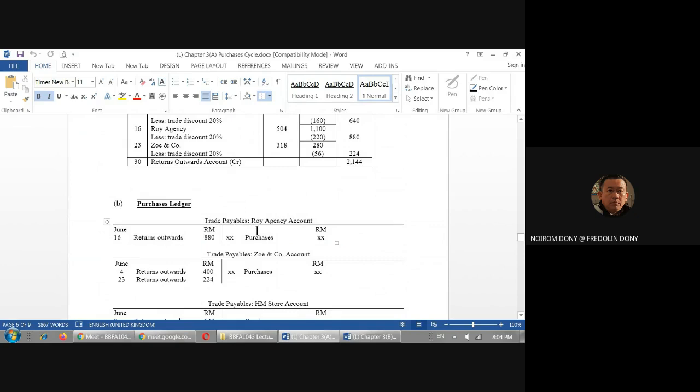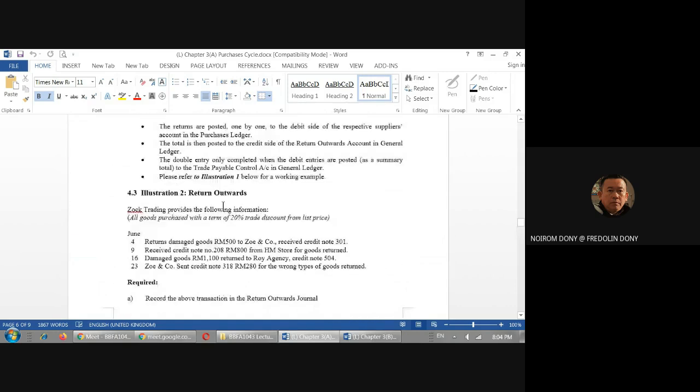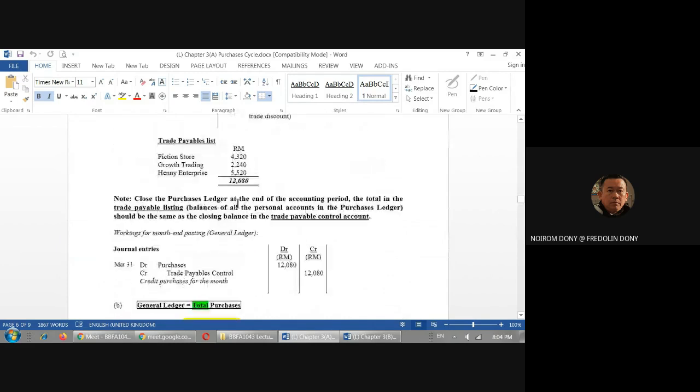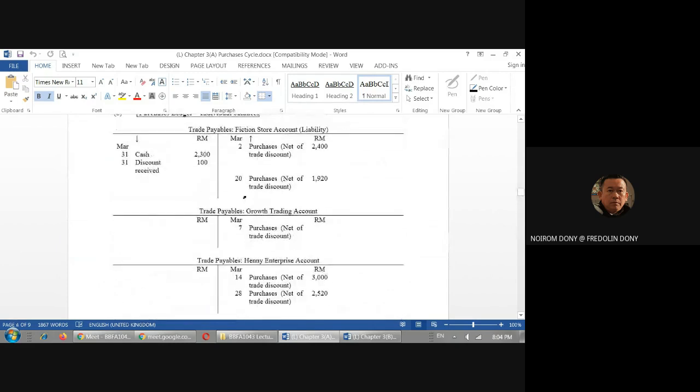A credit item means if the transaction increases the amount of trade payable, then it will be on the credit side. If the transaction reduces the amount of trade payable, the liability, then it will be recorded on the debit side. That explains why credit purchases, which increase it, are credited: purchases 2,400.